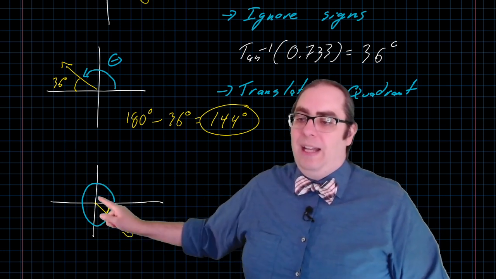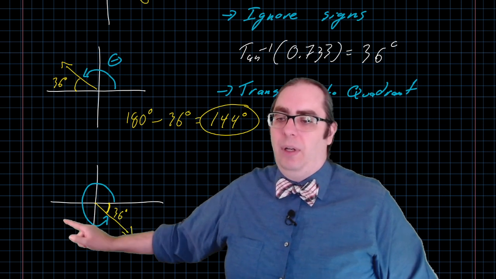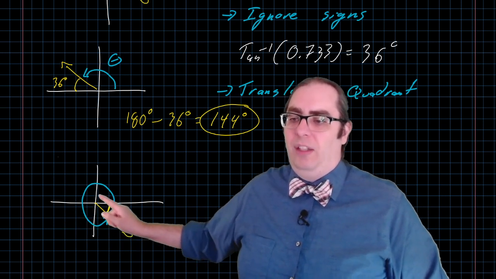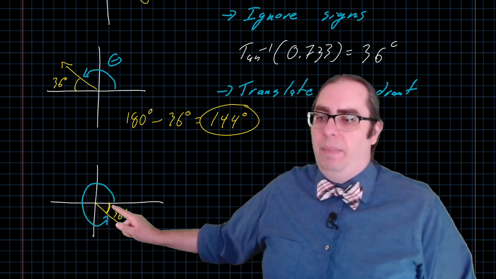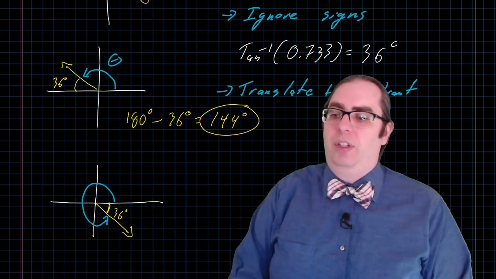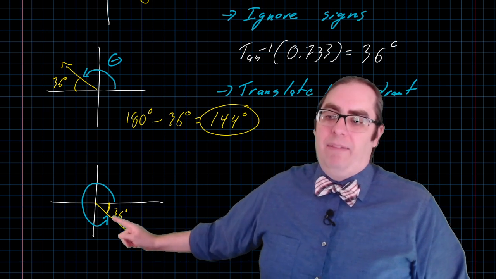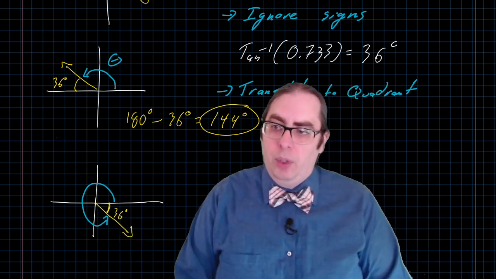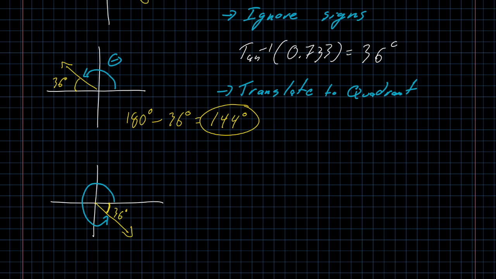If we went all the way around the circle, it would be 360 degrees. We didn't quite make it that far. We came up 36 degrees short. So in this case, we're going to want to take 360 degrees minus the 36 degrees, and that's going to come out at 324 degrees.